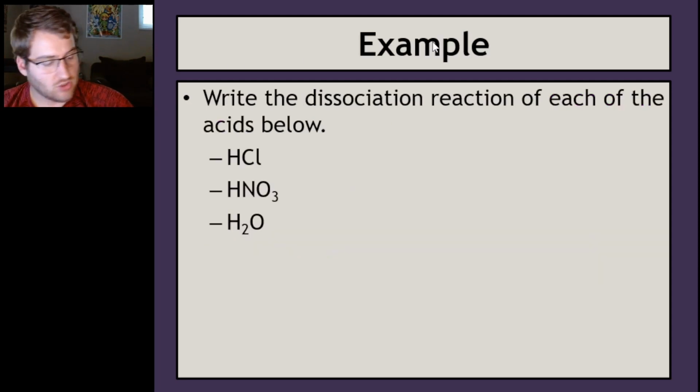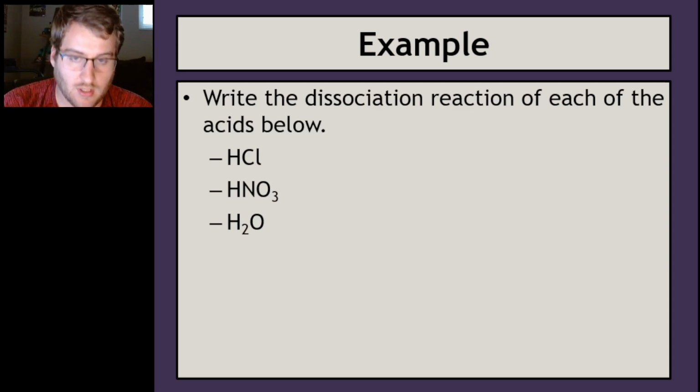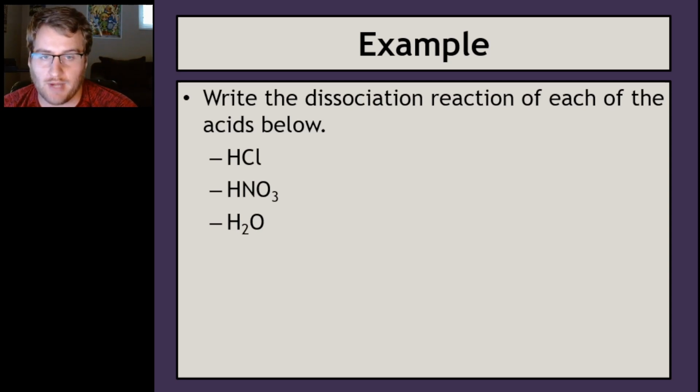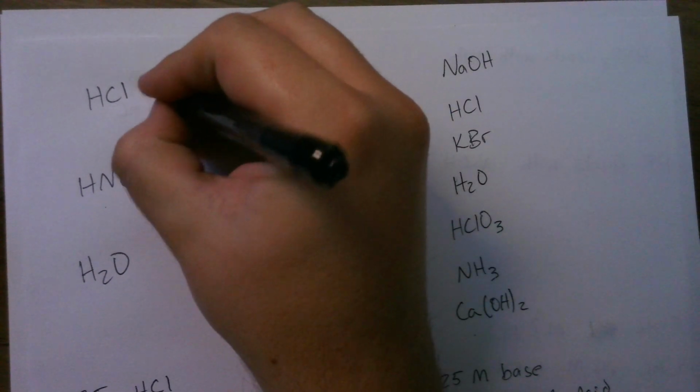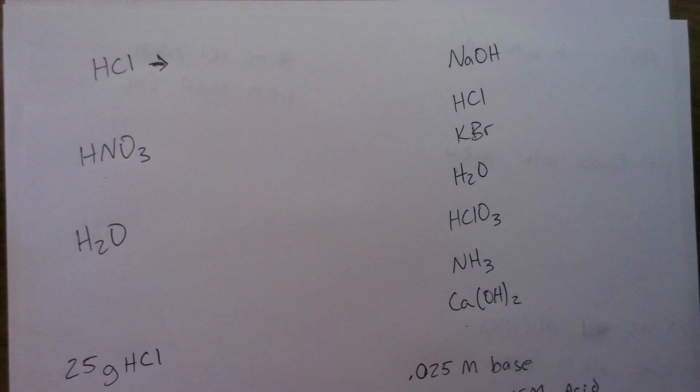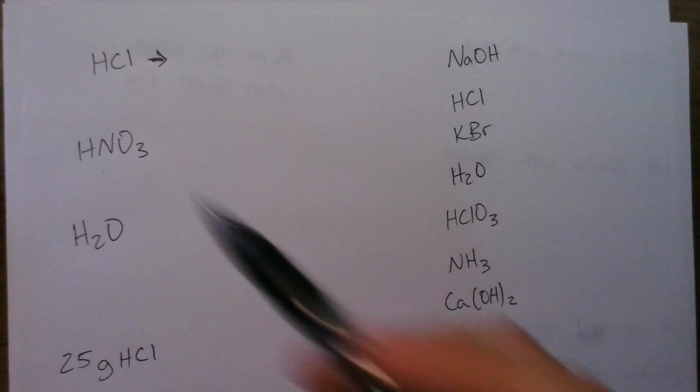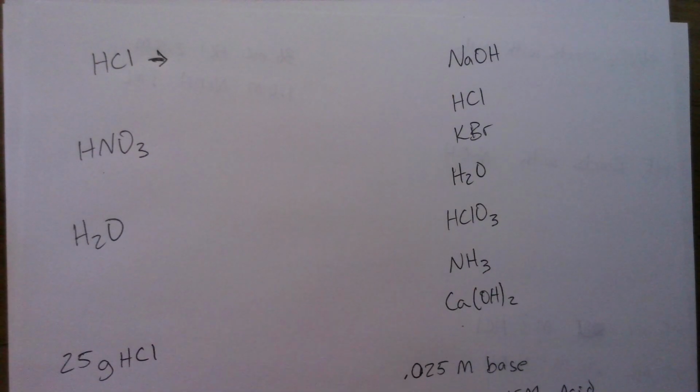Okay, to start, switch to my acid notes over here. We're going to write the dissociation reaction of 3 acids. A dissociation reaction looks just like this. You are simply taking your acid and it is breaking down into its 2 products. Dissociation means literally to split apart into your ions.